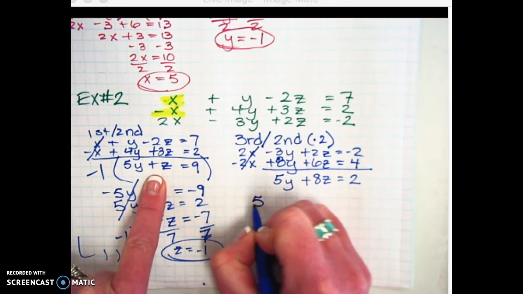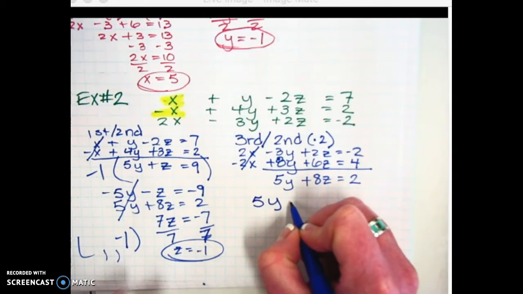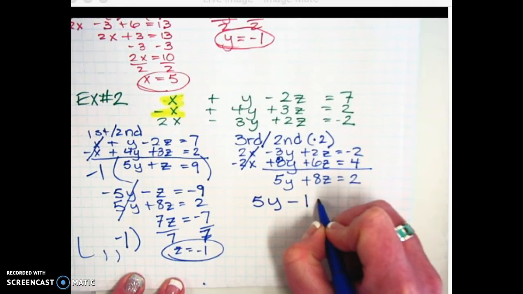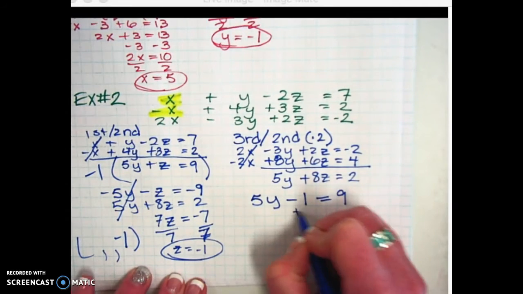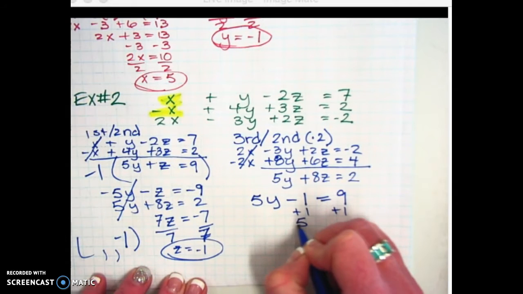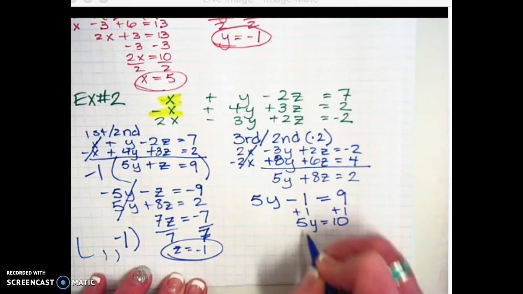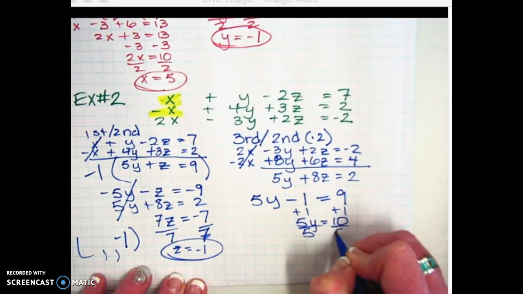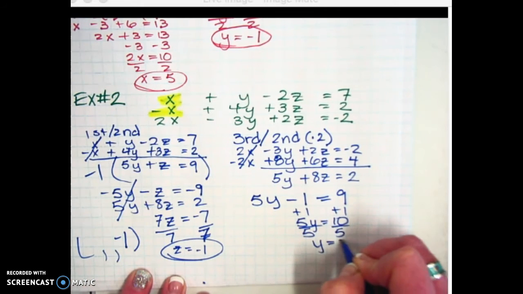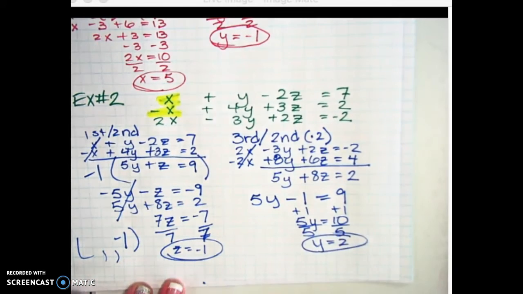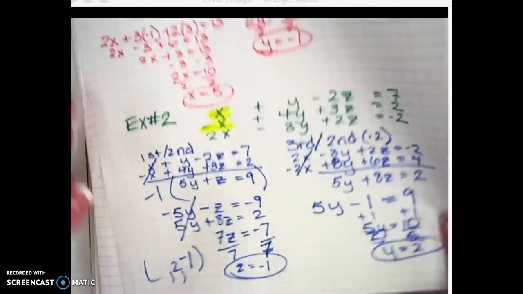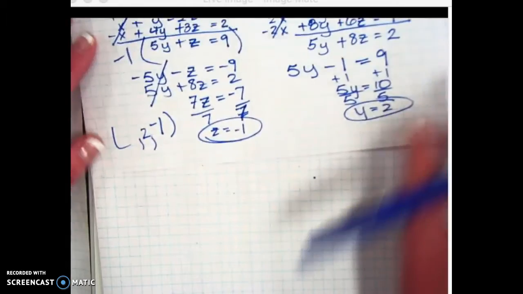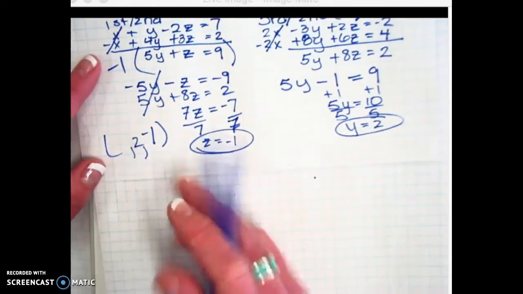So I'm going to go 5y plus negative 1, so like minus 1 equals 9. Add 1 to both sides. You get 5y equals 10. Divide by 5, so y is 2. So that's the second number. Okay. Now we just need our x, right?